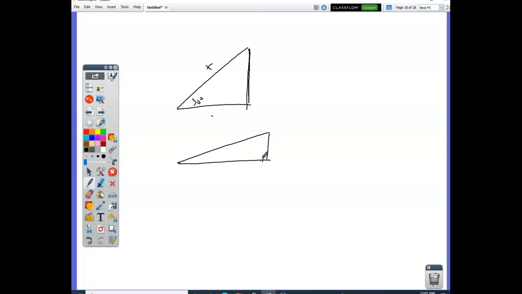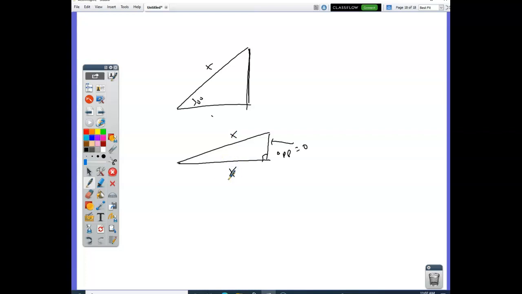Agreed? Now, when this gets down to 0 degrees, how tall is this going to be? 0. So the opposite side would be equal to 0. And when this thing slams down on top of this side, what's going to be true about these two sides? Won't these be the same? So that's an x as well.